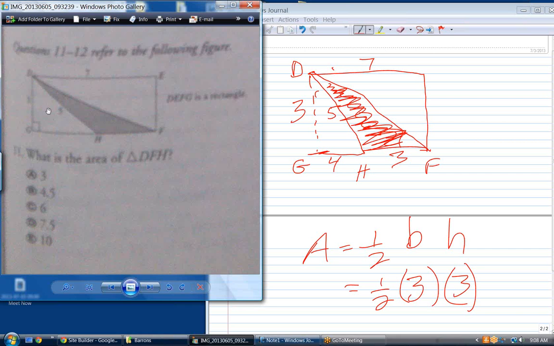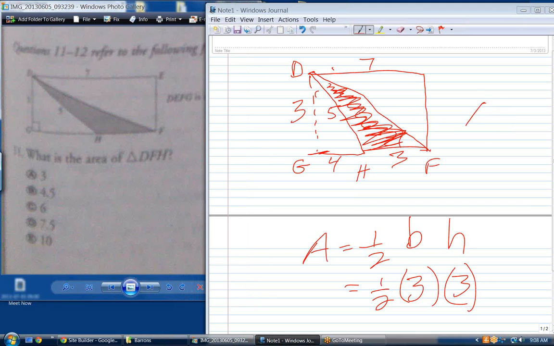Same way in a parallelogram. Let's talk about parallelograms for a moment, because we're going to get to them today anyway. If I take the area of this parallelogram, it's the base 4 times this vertical height, not a slant height. In other words, it wouldn't be times 5 for the area.